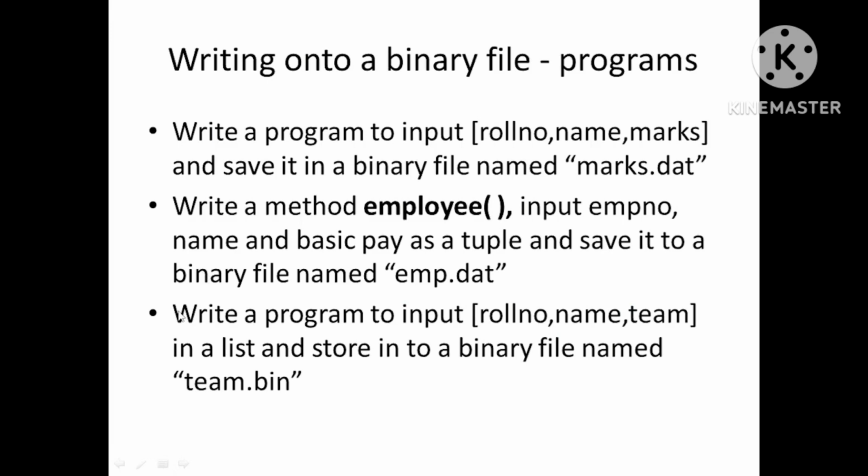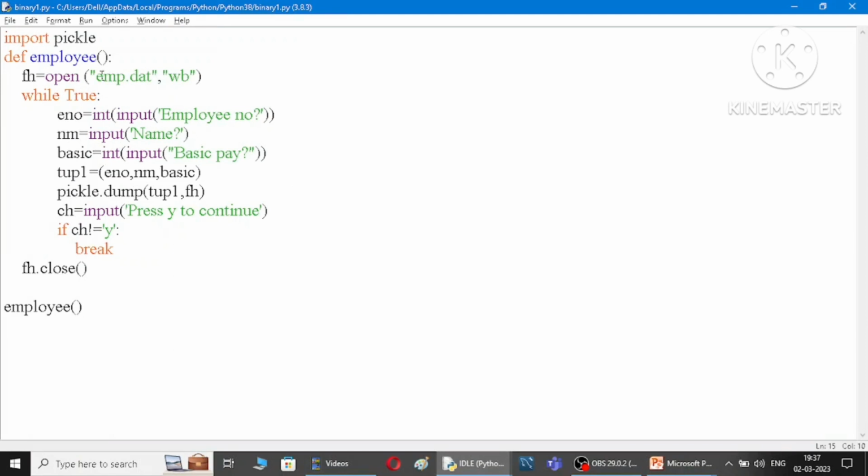Let's write one more program to become sure with the coding. Write a program to input roll number, name, team in a list and store it in a binary file named team.bin. Now the question is just to write a program. It's not a method. So give the name team.bin here. Remove this def keyword. It is not needed.